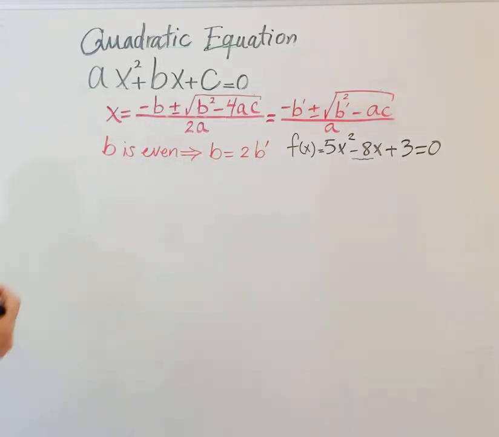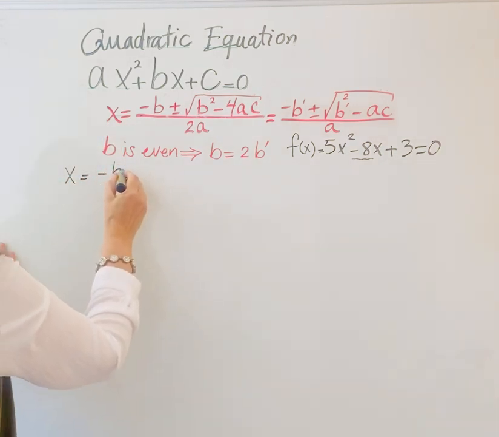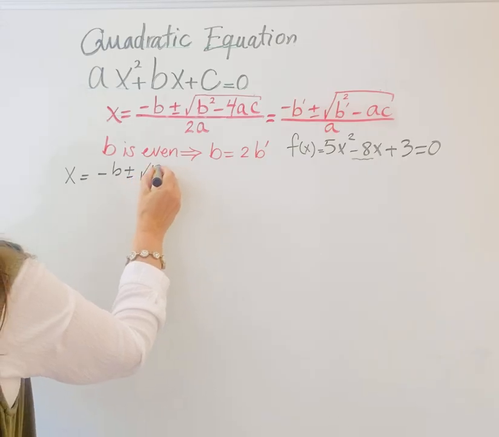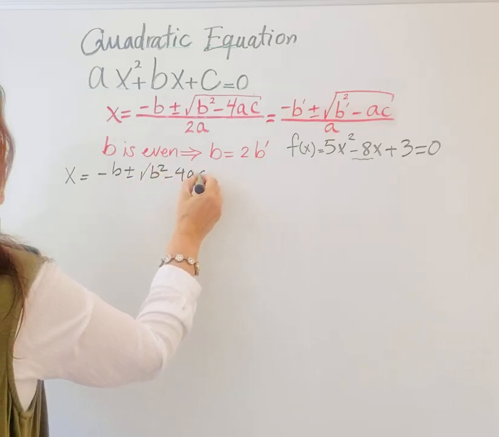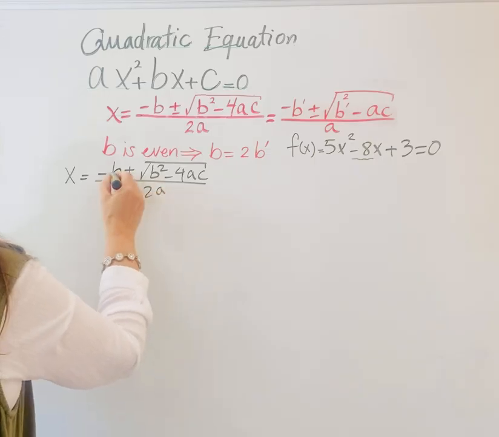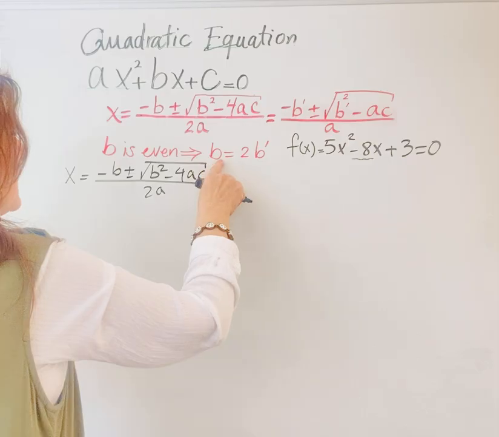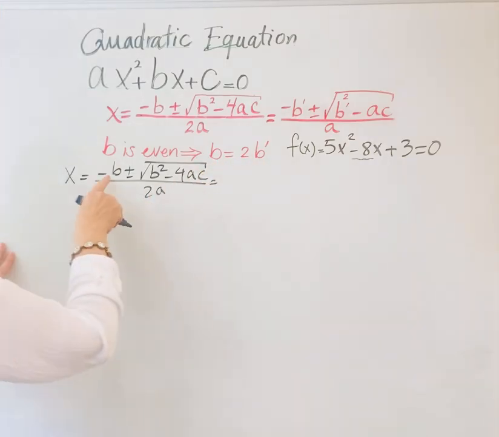Okay, what can we do? Start from here: x is equal to negative b plus or minus the square root of b squared minus 4ac, as you know, over 2a. Anywhere we have b, we can write 2b prime.